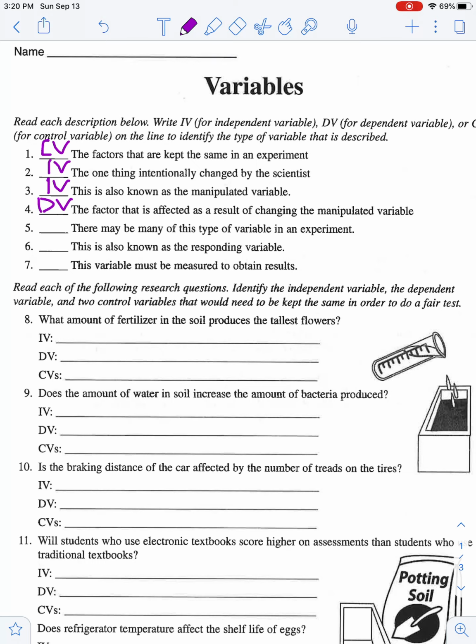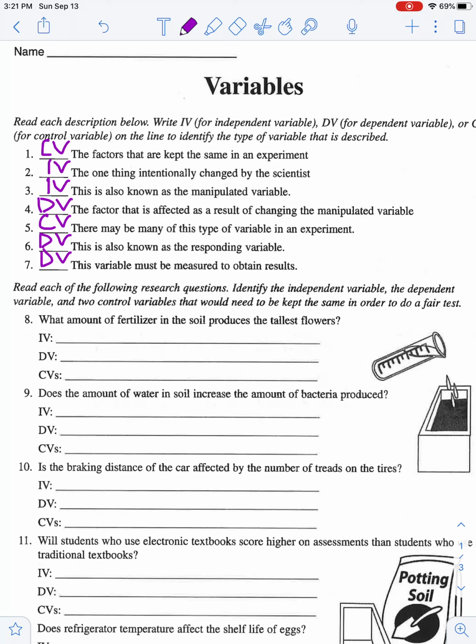There may be many of this type of variable in an experiment. That would be our control variable. This is also known as the responding variable. That is your dependent variable. This variable must be measured to obtain results. What do you measure? You measure your dependent variable.